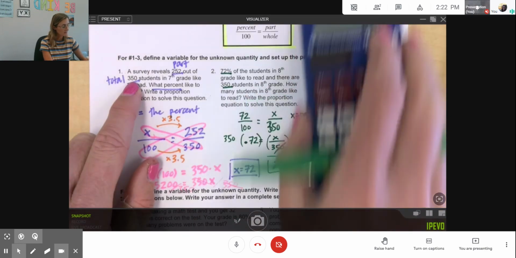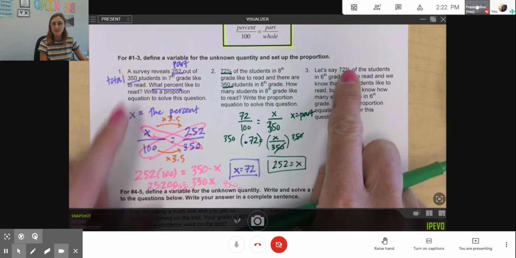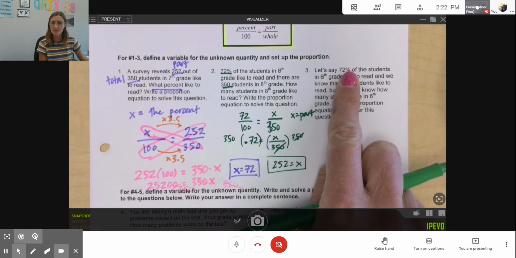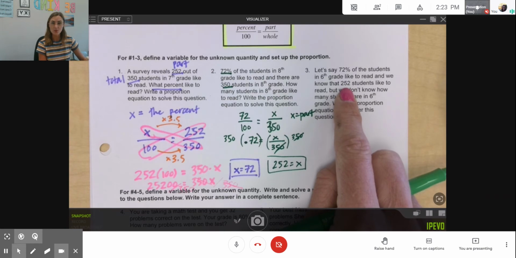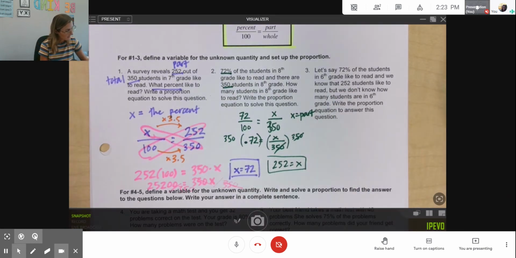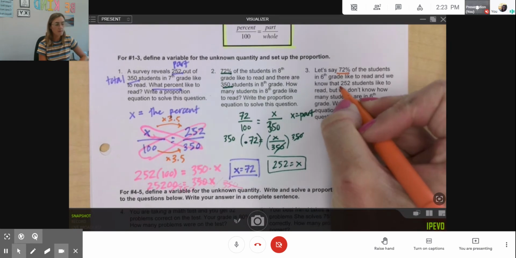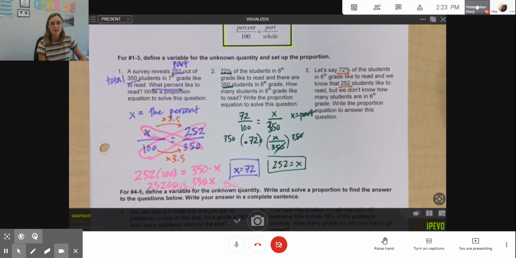If we were to read this next problem, let's say 72% of students in the 6th grade like to read, and we know that 252 students like to read. That means that this is a part and this is a percent, but we don't know how many students are in the 6th grade.